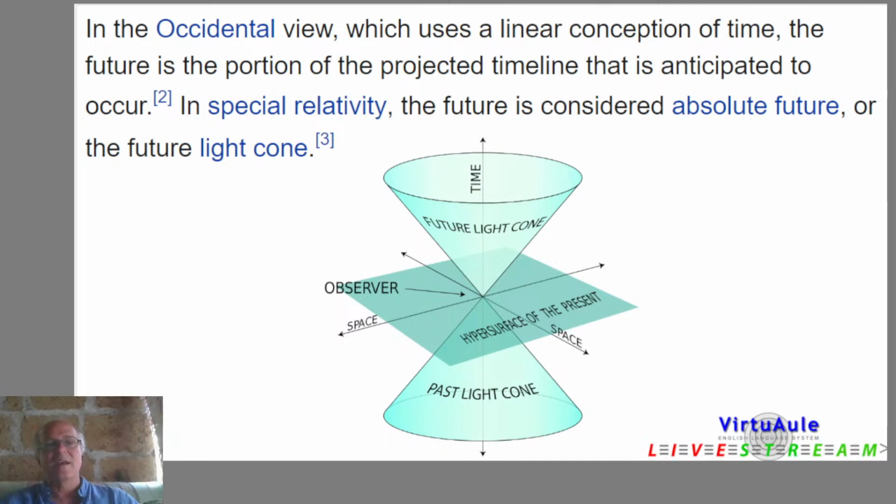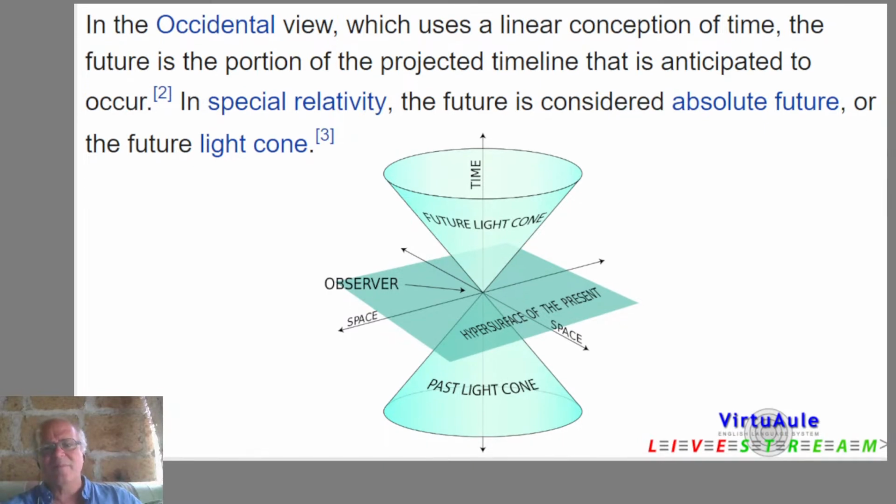You see, this is moving, and we have space going in all directions. And below this is the past light cone. So in terms of relativity, this is how we present the future. It's becoming quite complicated, isn't it? Well, let's try to simplify a little bit.